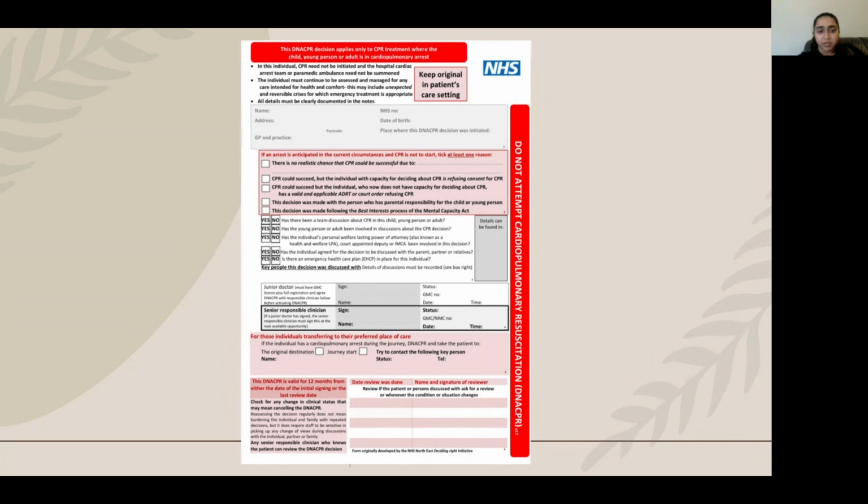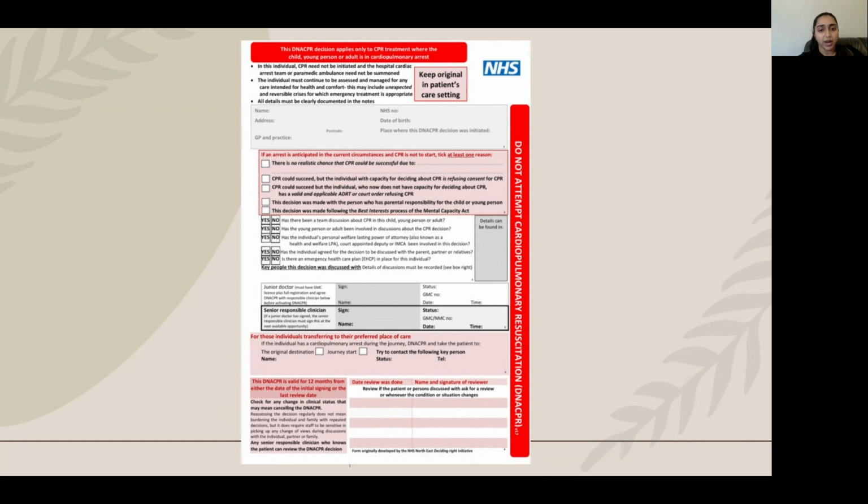So there's no realistic chance it could succeed, or they have capacity to refuse, and you can work through those things. Then the senior responsible clinician will sign in that bold box at the bottom. If in a year's time someone says, actually, yes, it's still in date and the patient still wants it, they can sign in that bottom red and lighter red box.